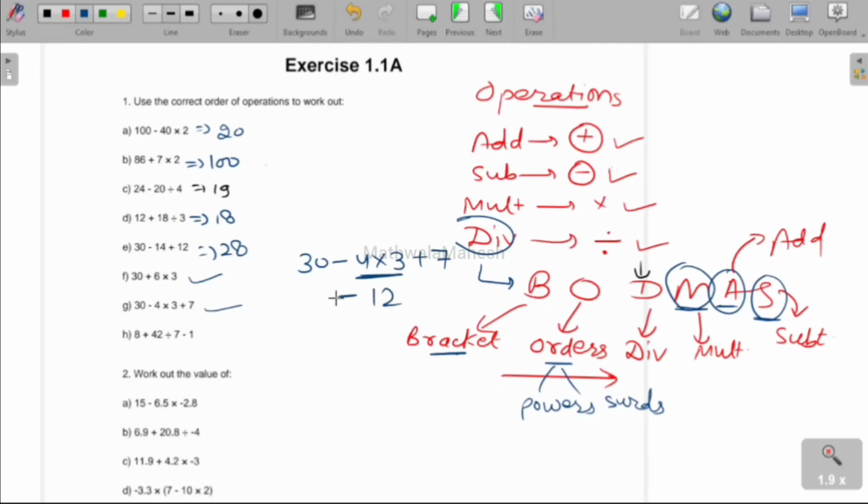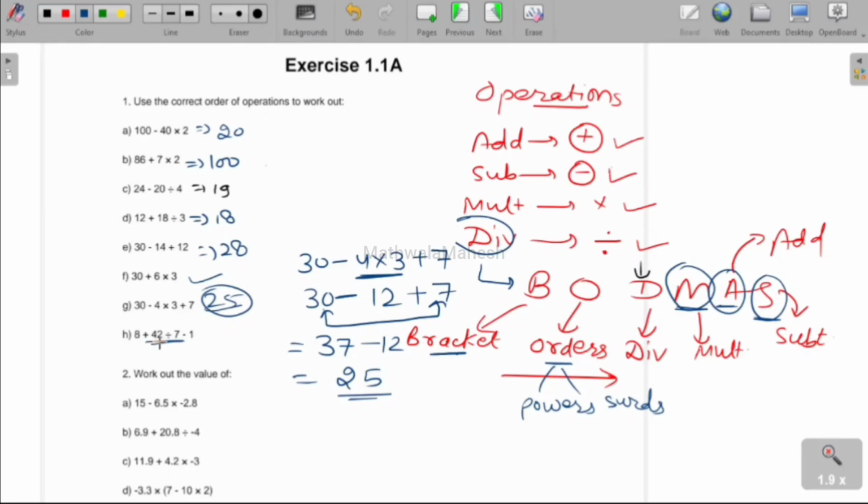This sign is as it is and then plus. So 30 plus 7, two positive numbers, 37, and minus 12. This is 25. So the correct answer is 25.